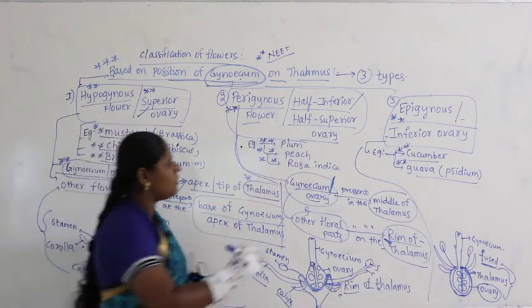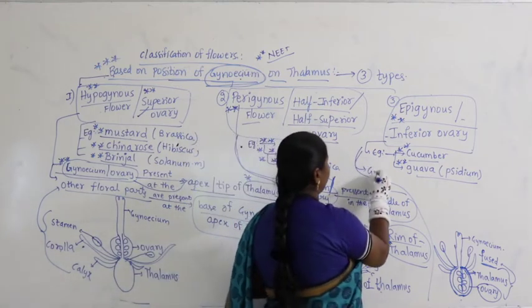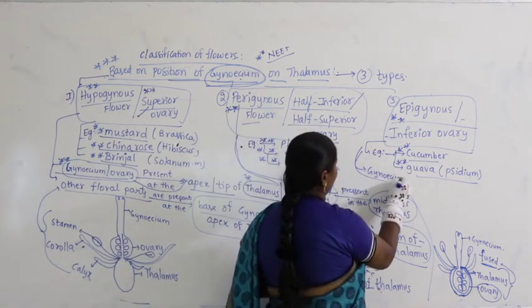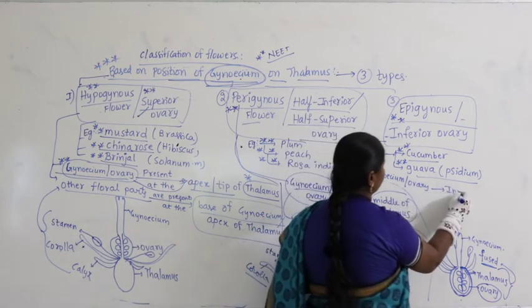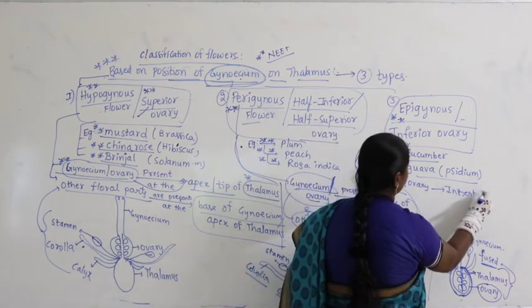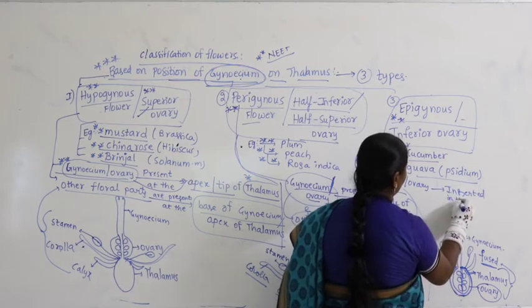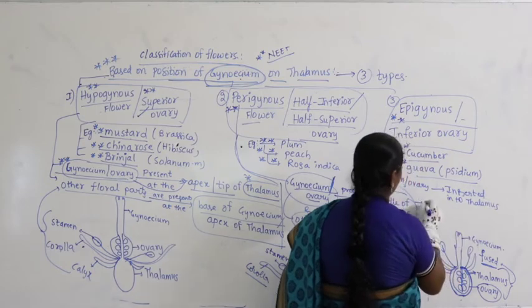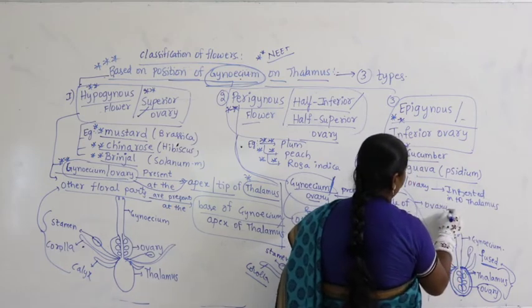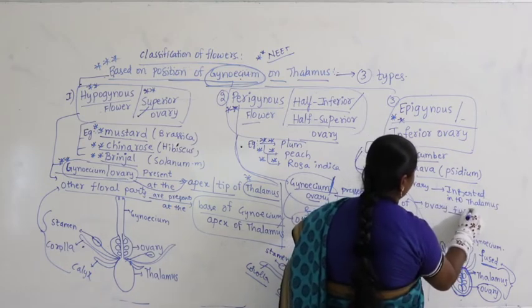Now, let me give you the definition. Gynoecium or ovary is inserted into the thalamus, that means ovary is fused with thalamus.